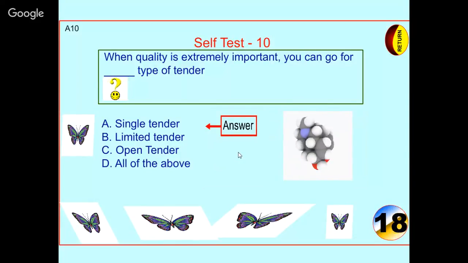Yes, you are right. When the quality is extremely important, we can't afford to buy from anybody. You will have to go for a single tender where you buy from the most reliable person for that particular product.